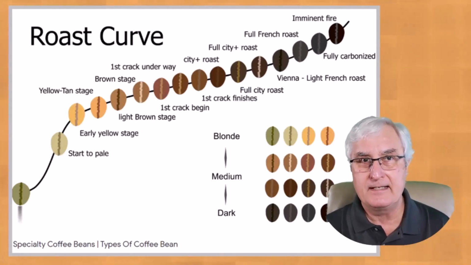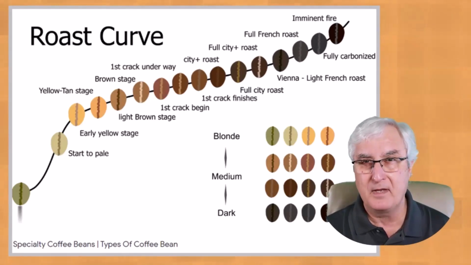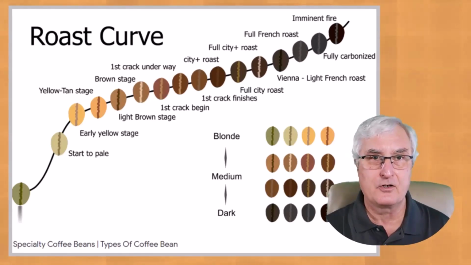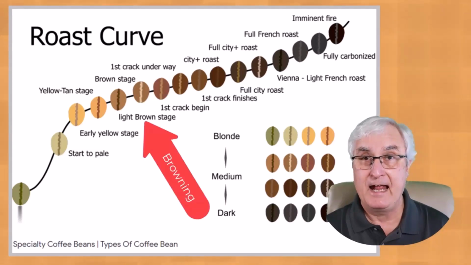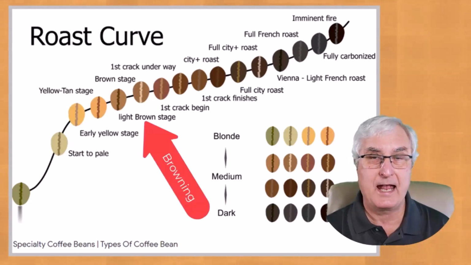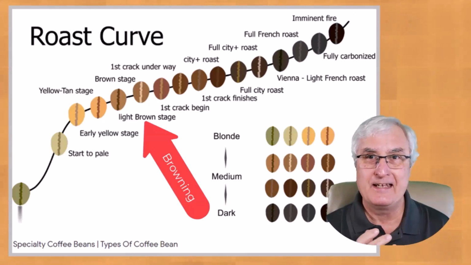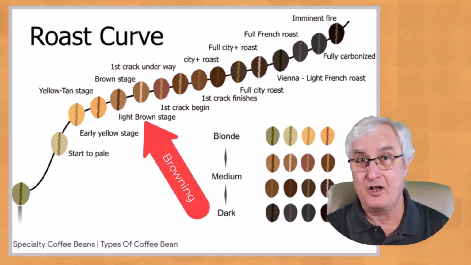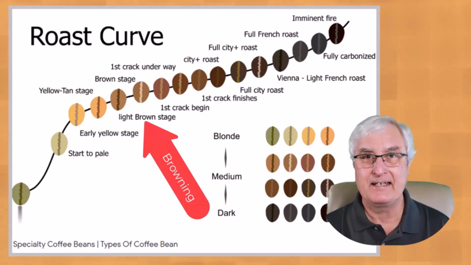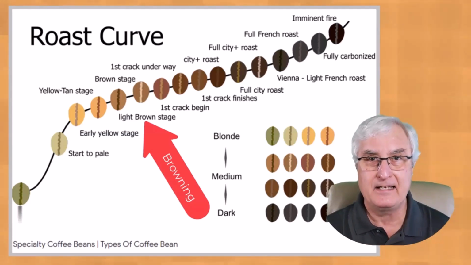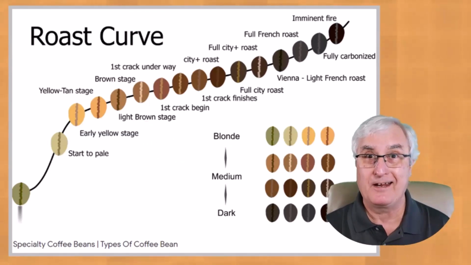Now, the second probably 4 minutes or so is when the beans go through a browning phase. And this is a development phase which actually creates the color, the brownness of the coffee, and also creates the taste as the enzymes inside the bean get cooked, right?